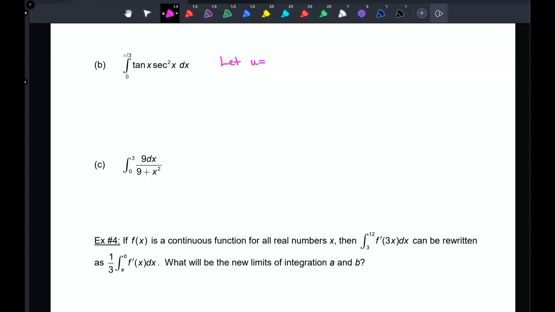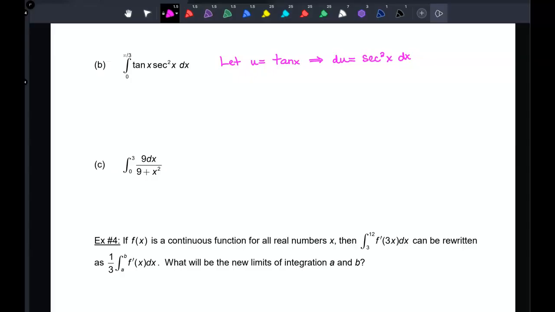Okay. What are we going to make u equal to here? Tangent. How do we know? Because the derivative of tangent x is... Okay, when we have tangent and secant in the same problem, if there's a secant squared, we're going to make u equal to tangent.